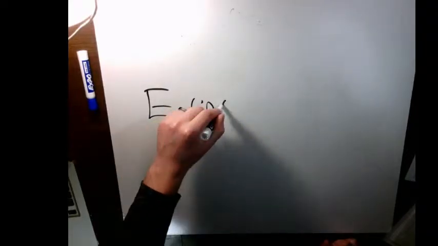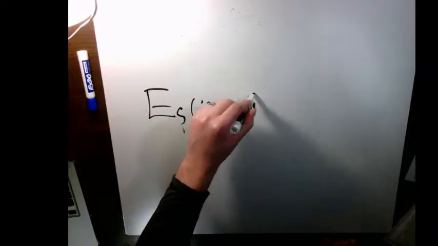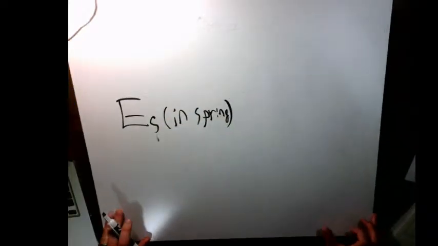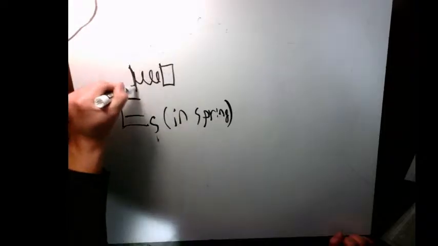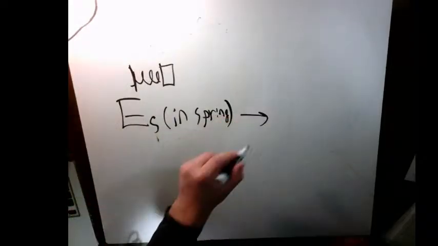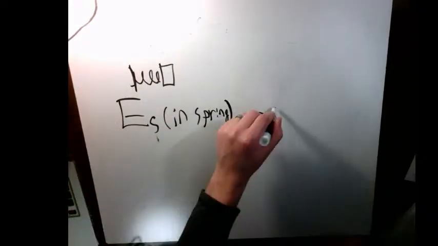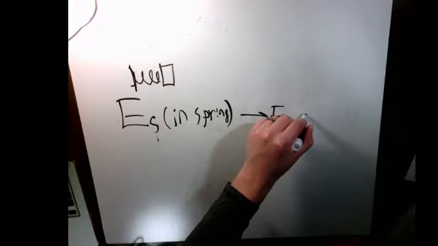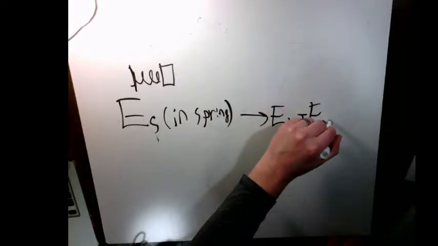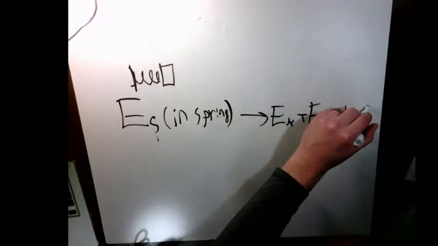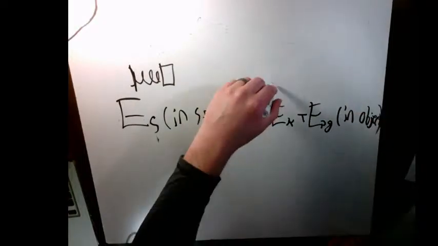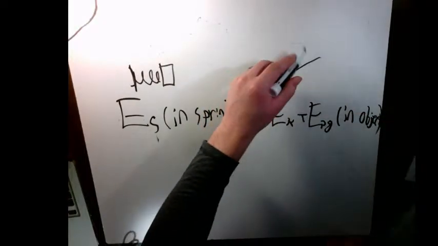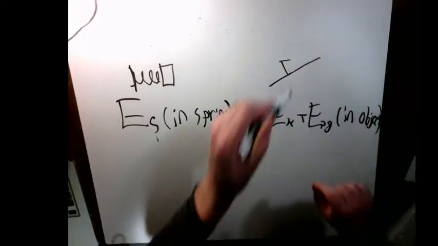That's in our spring. Right, this is when it's compressed. And it's going to be converted to our kinetic energy and potential gravitational energy in our object, in our box. Right, and that's as it moves up, right?